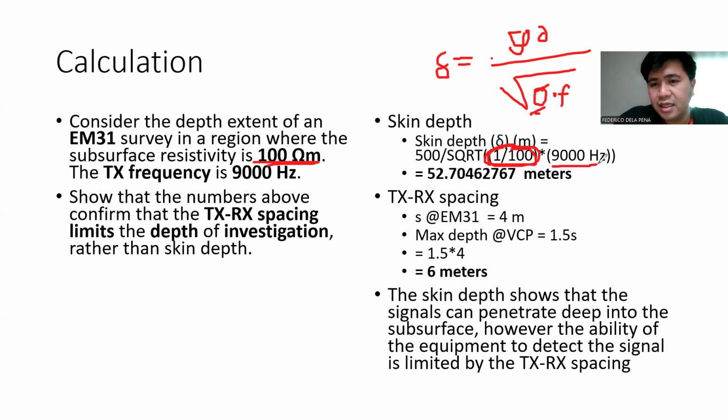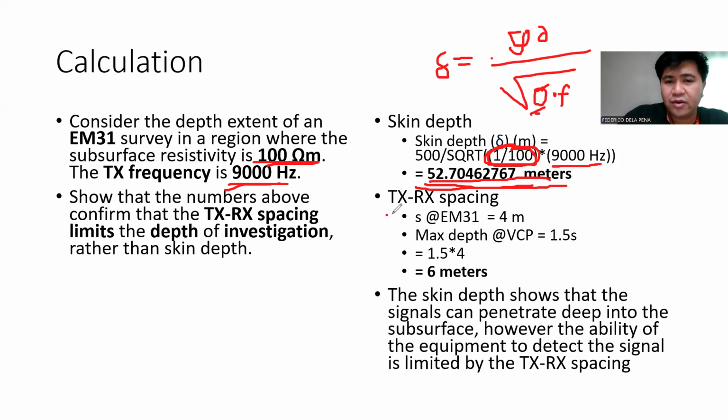And then this 9,000 hertz is the frequency of your signal or your equipment. Okay, so the resulting skin depth is 52 meters for this configuration. So theoretically, your signals can penetrate 52 meters. Okay.